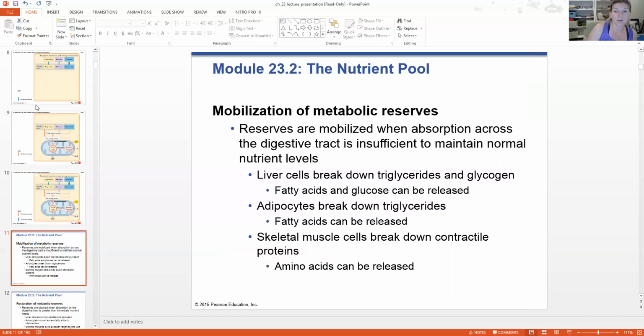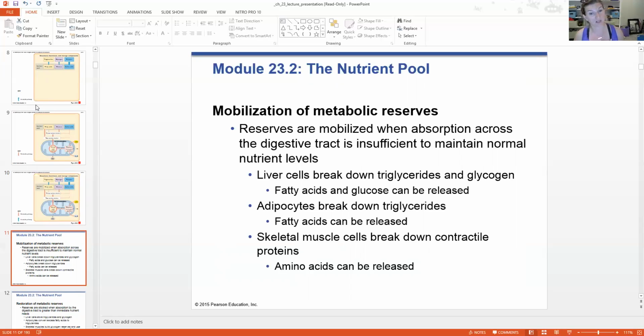Well, if our digestive tract is insufficient in obtaining nutrients, if we're going into starvation mode or fasting, our liver cells are going to break down triglycerides and glycogen to form fatty acids and glucose, right? Triglycerides will form fatty acids, glycogen will form glucose. Adipocytes are fat cells.